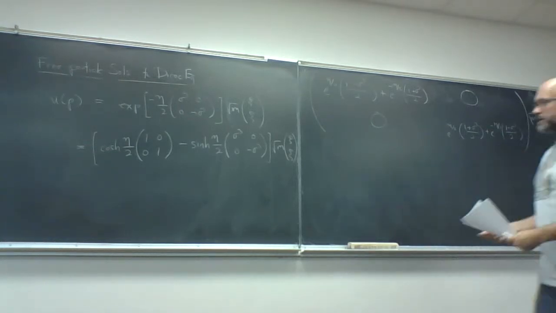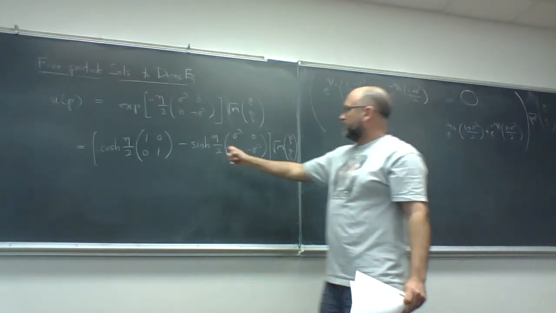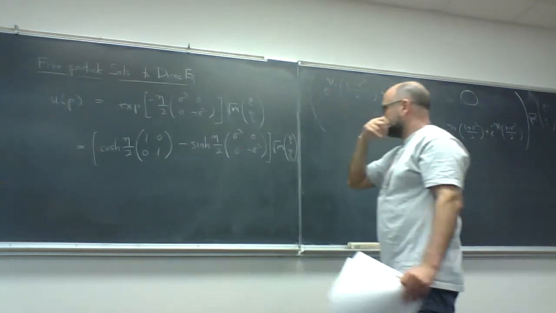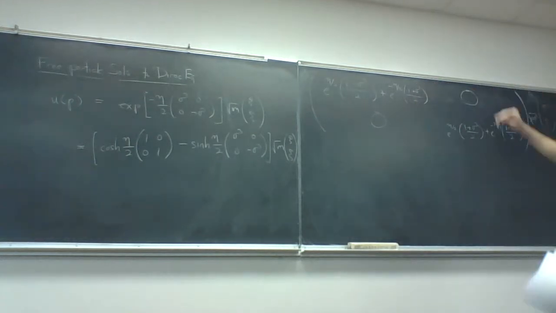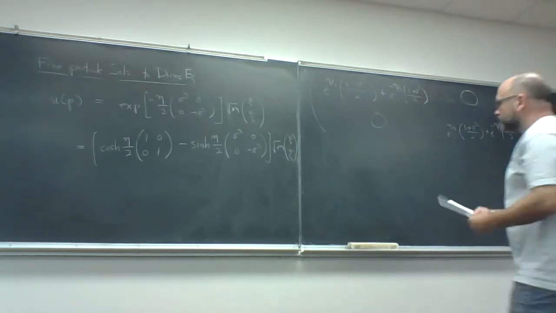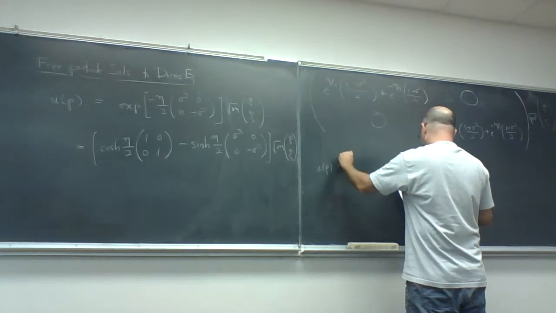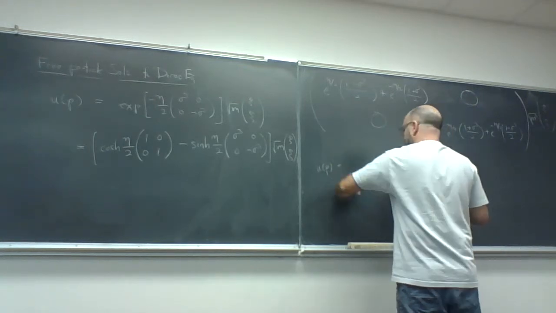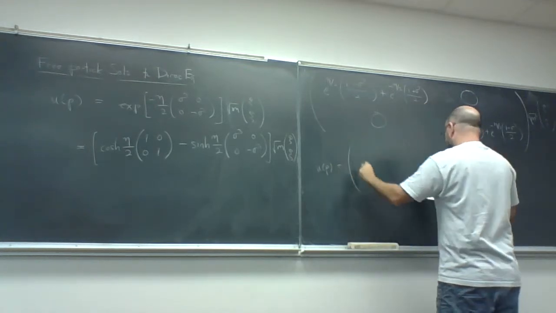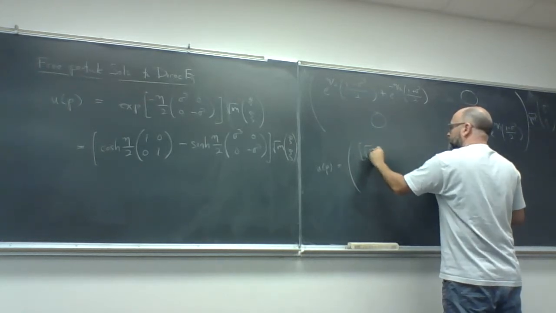So you're going from here to here: I've just rewritten the cosh and sinh in terms of exponentials, and then combined the two. When you multiply that out, you get that this spinor looks like this. So it's a square root of E plus p3.